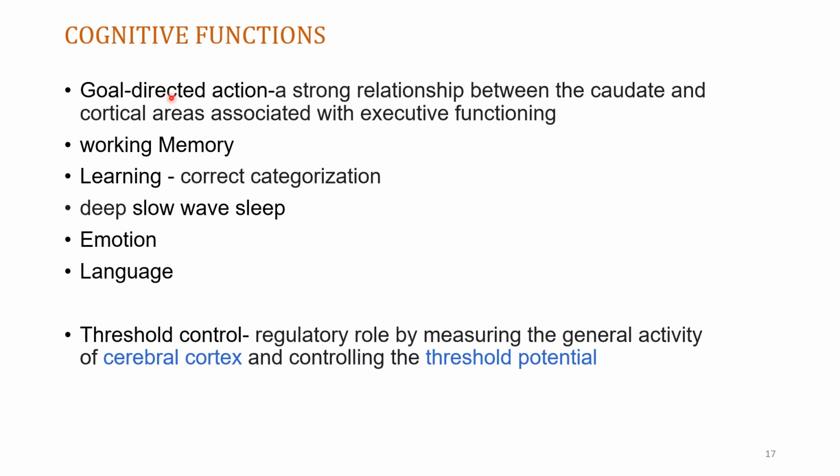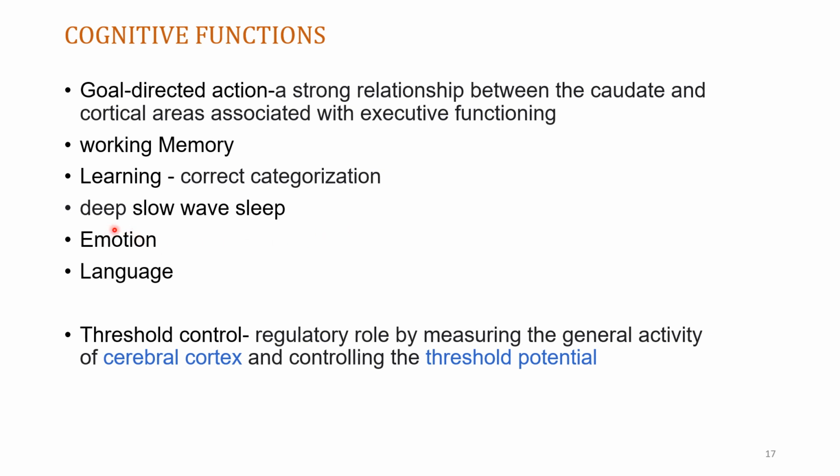Then coming to cognitive functions. It performs all these functions. What are those? Goal directed action. A strong relationship between the caudate and the cortical areas associated with executive functioning. So it performs goal directed action, and it is also helpful for working memory and learning, mainly correct categorization.